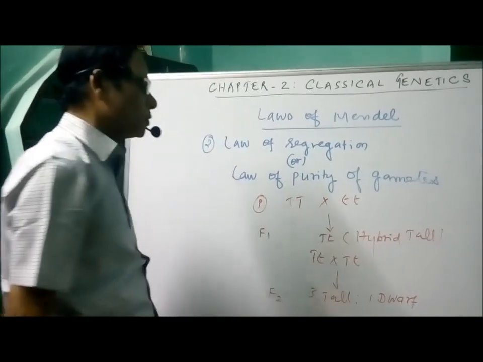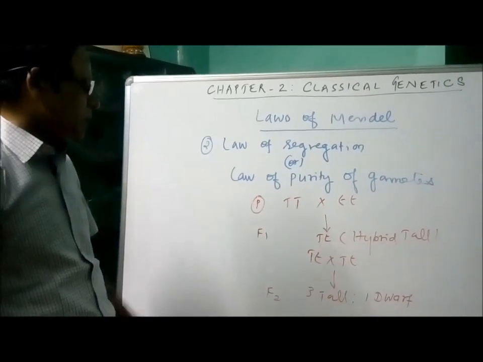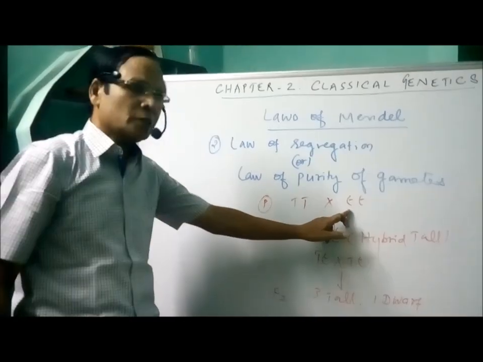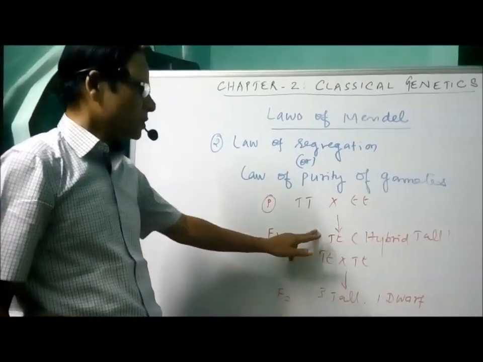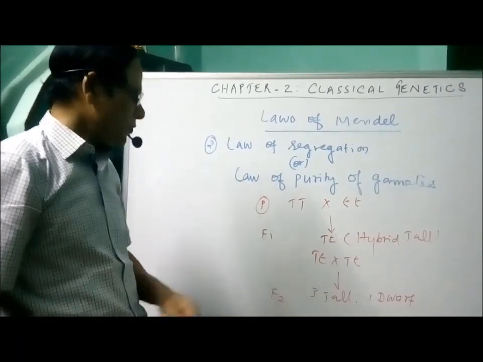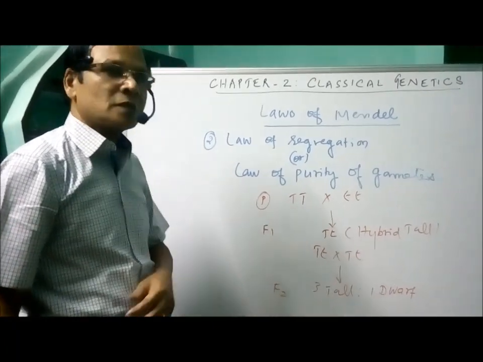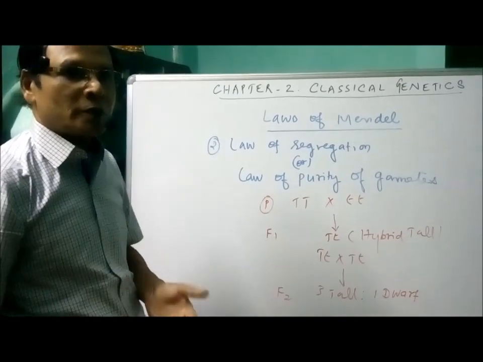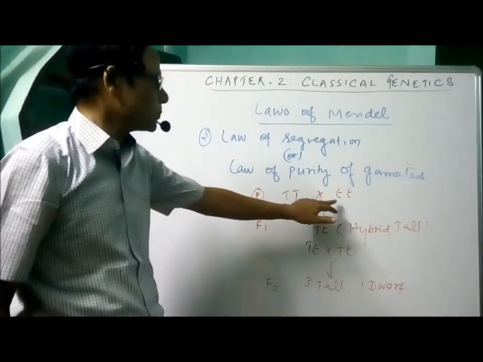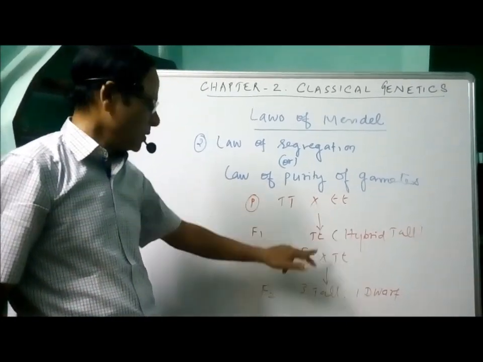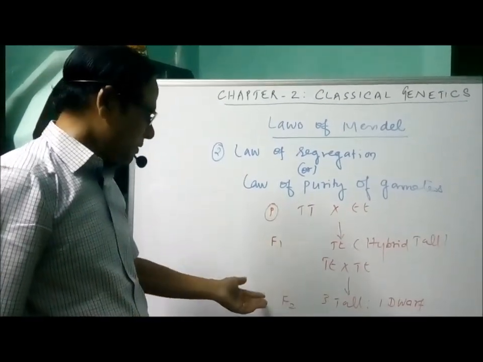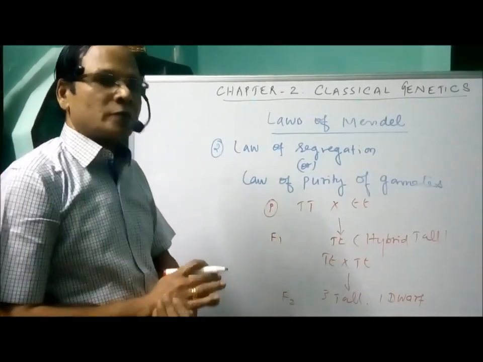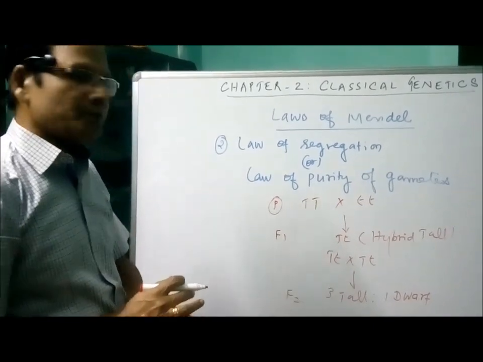We'll study this later in the monohybrid class. So we cross two pure breeding varieties for contrasting characters, then we get the F1 generation, the hybrid tall. Then two hybrid talls are self-pollinated. This is cross-pollination or cross-fertilization, and this is self-pollination or self-fertilization. That resulted in the F2 generation with 3 tall and 1 dwarf.